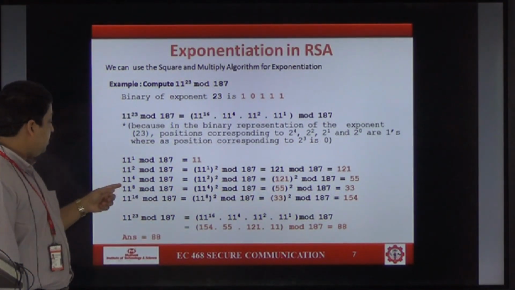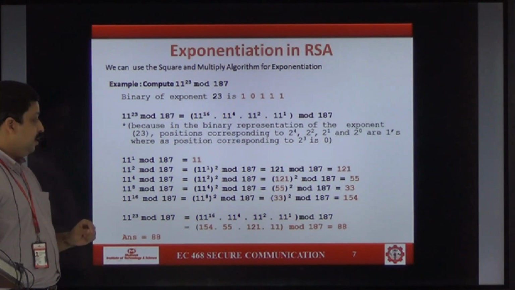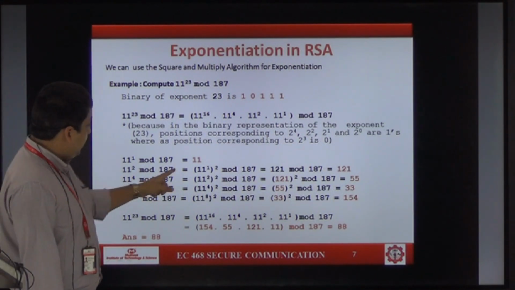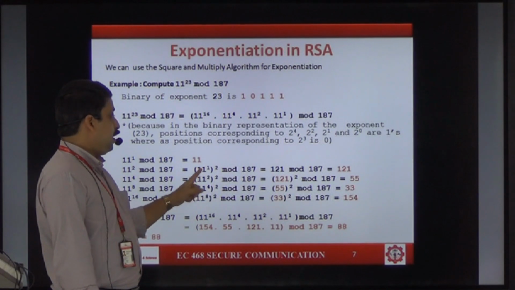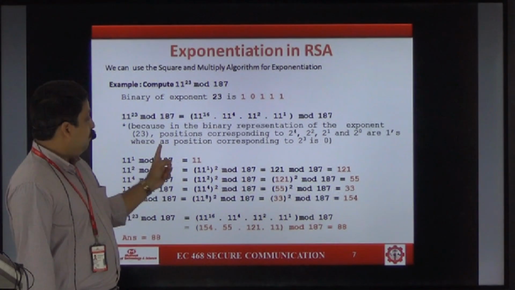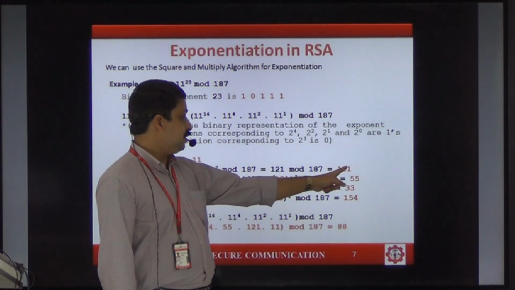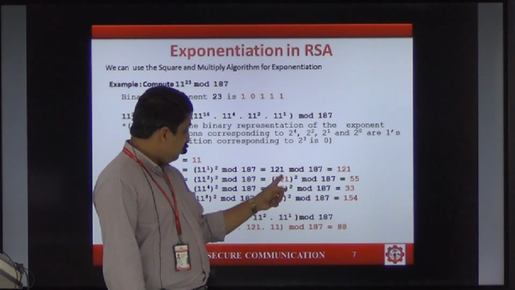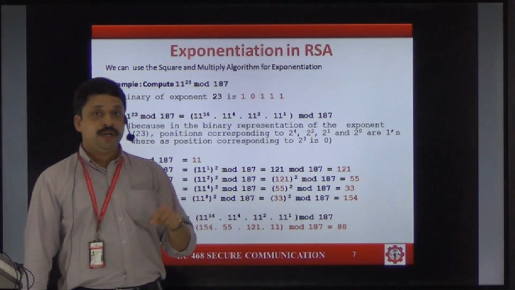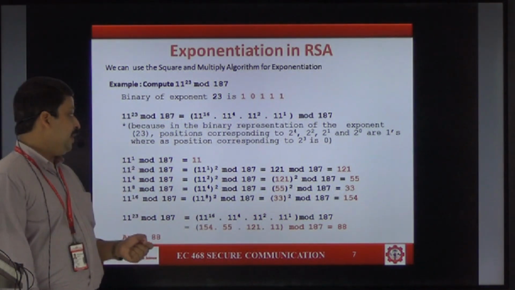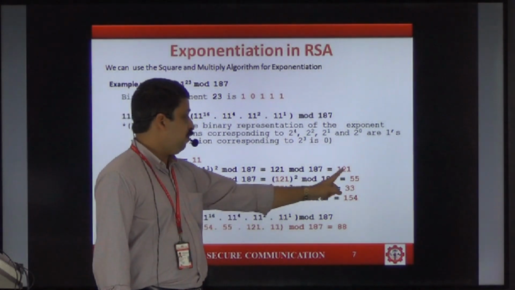Now to find 11 to the power 4, we square 11 to the power 2. That 121 comes here. So 121 squared mod 187, you will be getting the result as 55.